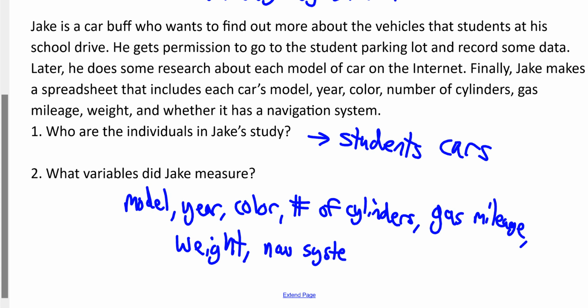And that's, again, whether they have one or not. So if you know all the variables, the things that were actually the characteristics, those are all describing cars. They're not describing people. So that's the difference between individuals and variables.